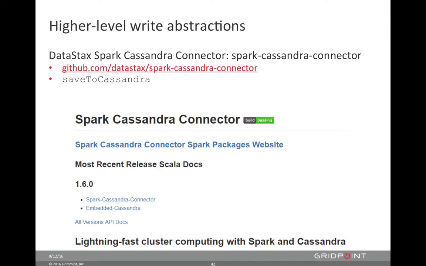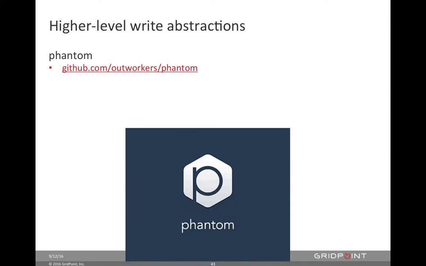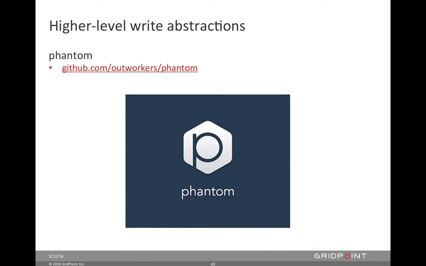If you're doing Spark with Java, there is an add-on Java driver, Spark Cassandra Connector Java. Phantom is a Scala DSL on top of the DataStax Java driver that supports the reactive streams spec. So it's a natural fit if you're working with Scala, and better yet, if you're looking to tap into reactive streams.